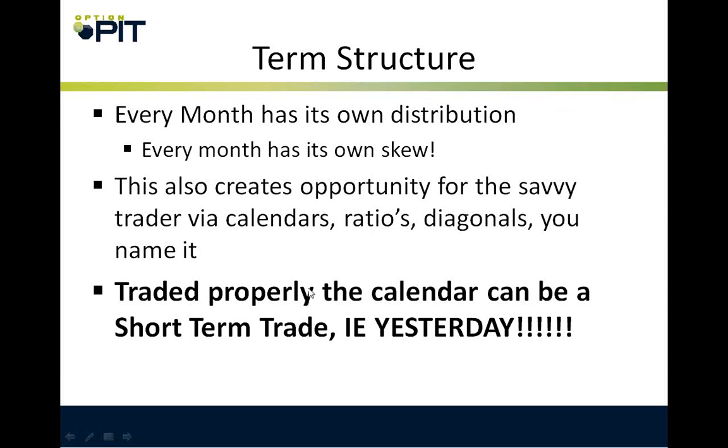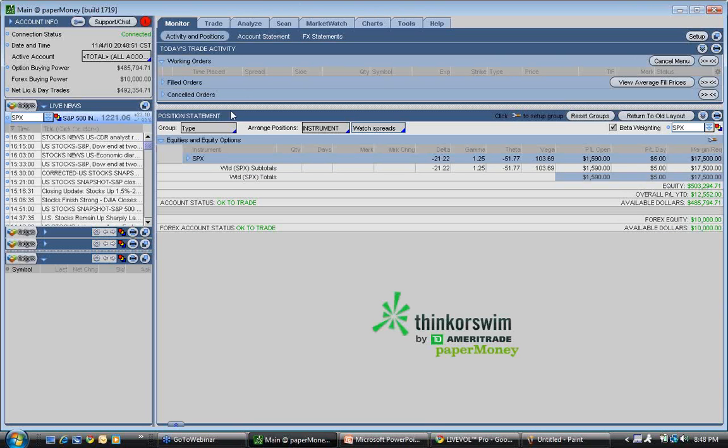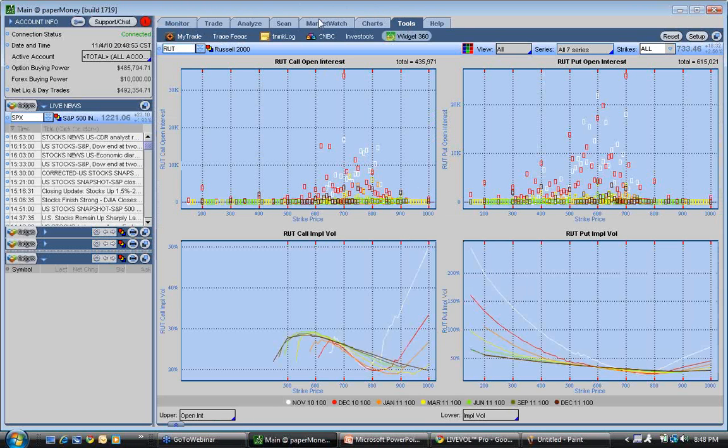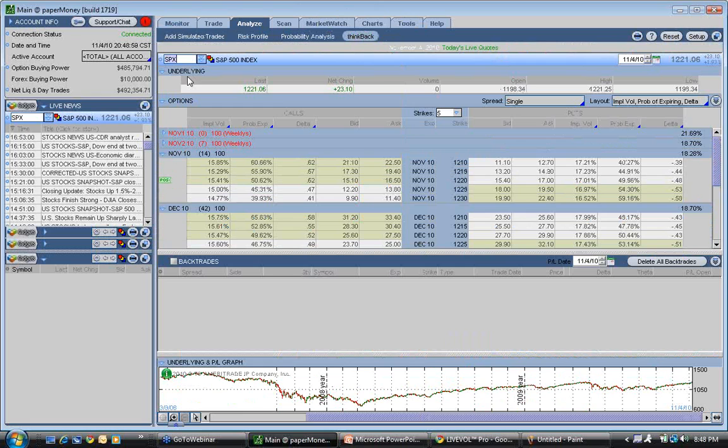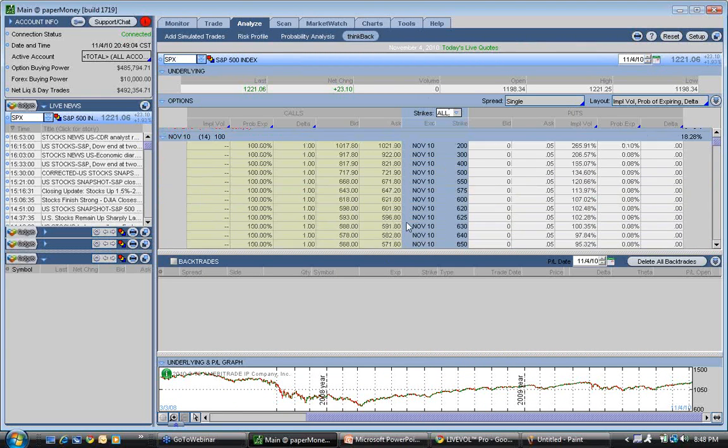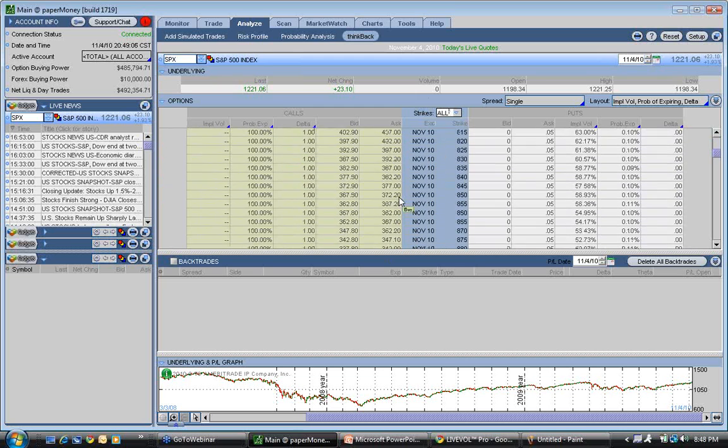All right, I was just showing you yesterday. And another example, I'll show you one more example of yesterday gone right and wrong. Let's pull up SPX. This is a trade that I knew they had on.